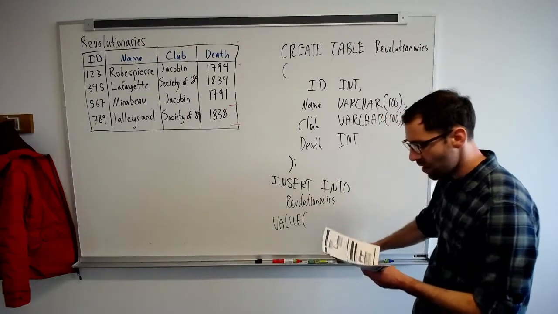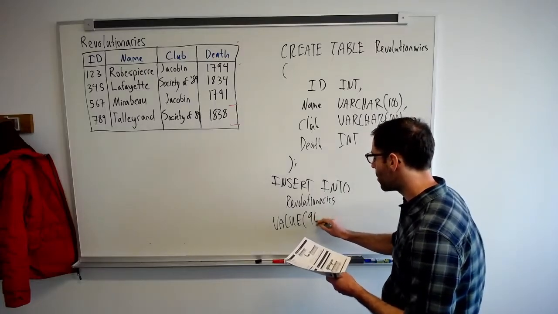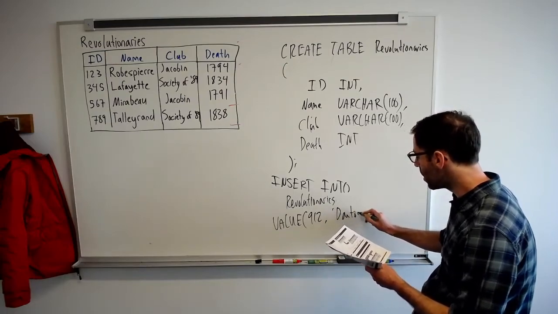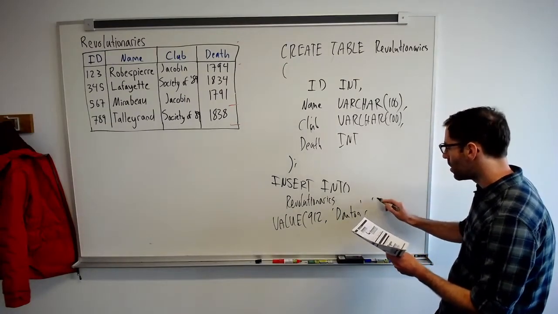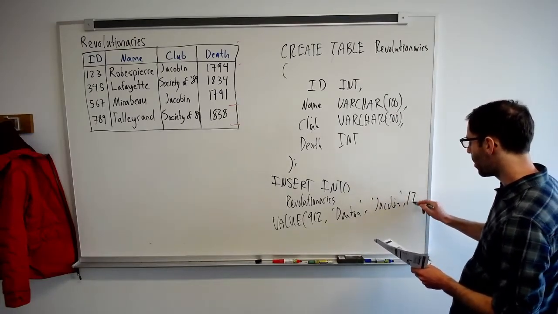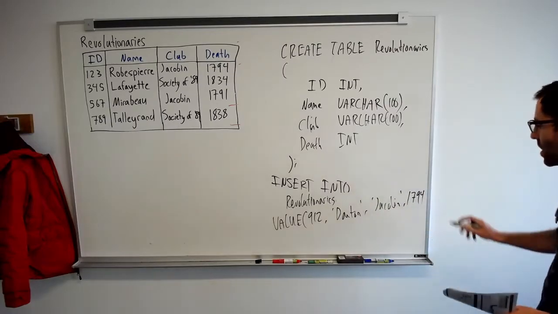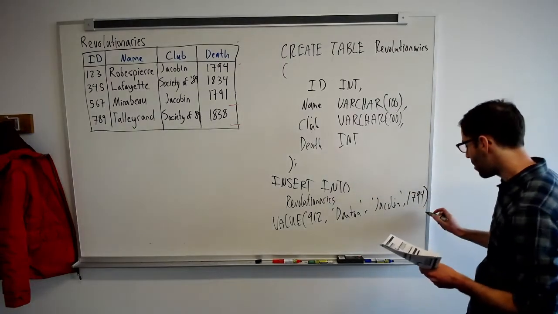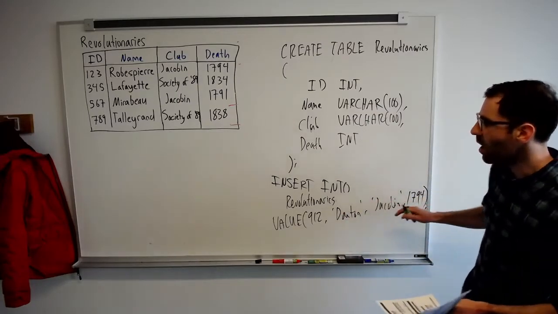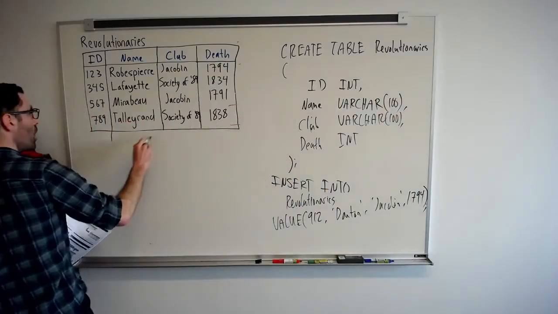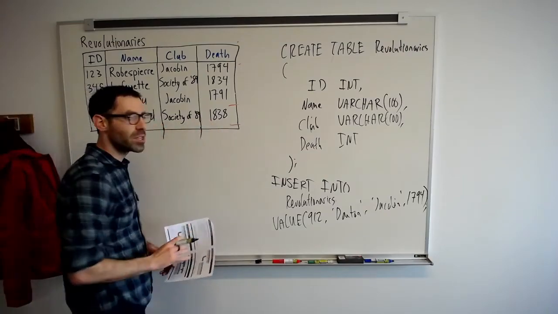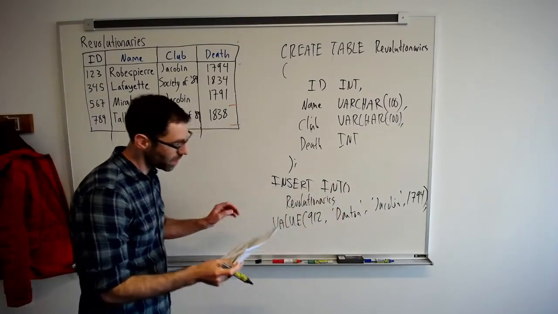And so let's say that I want to insert something for Danton, noted Jacobin, who, like Robespierre, met his end in 1794 as the radicals lost power. And so this would give us a kind of new tuple with the ID Danton, Jacobin, and 1794 of this insert statement.